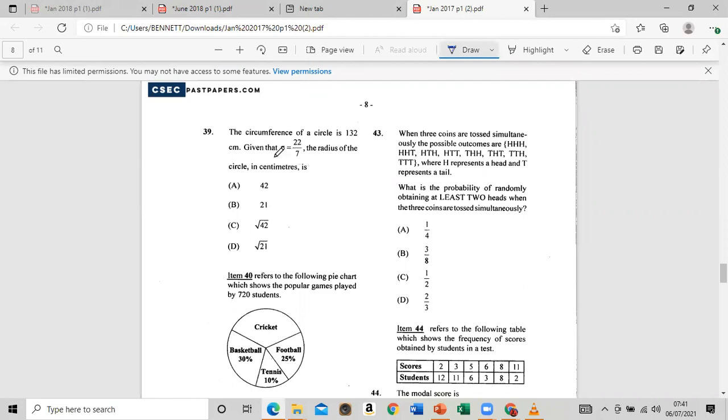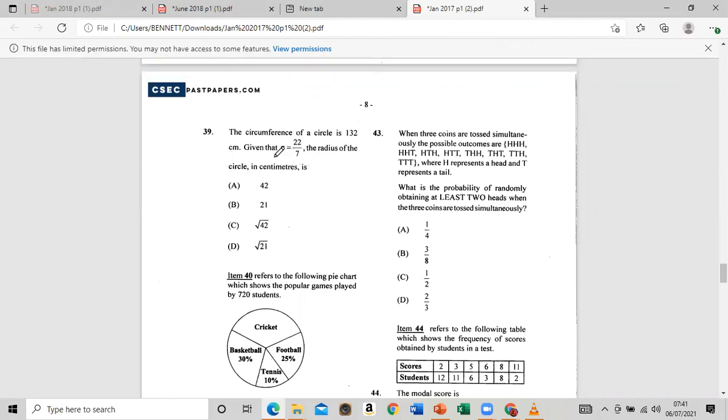All right, the circumference of a circle is 132 centimeters. Given that pi is 22/7, calculate the radius of the circle. So we know that the circumference is 2 pi r.